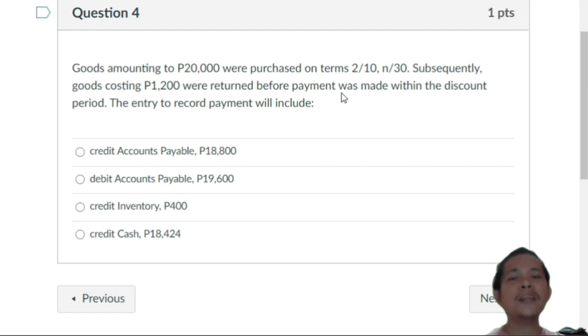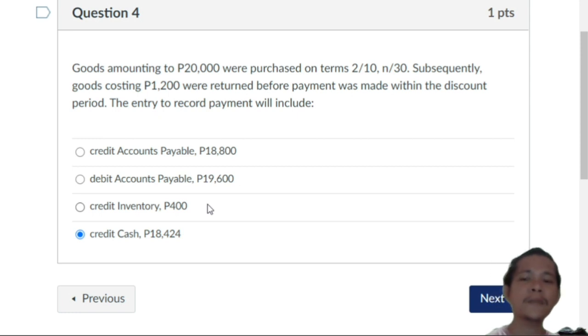That is your cash payment and the answer for that is this one. Credit cash, 18,424. Mali itong debit accounts payable for 19,600 kasi dapat 18,800 yan. Credit inventory, dapat 376 yan, assuming perpetual inventory system tayo. So, eto nga ang sagot mo. Okay? So, proceed tayo sa question number 5.